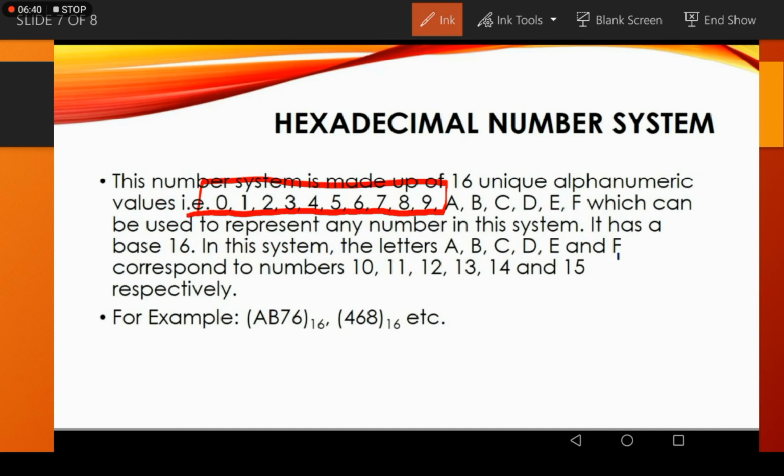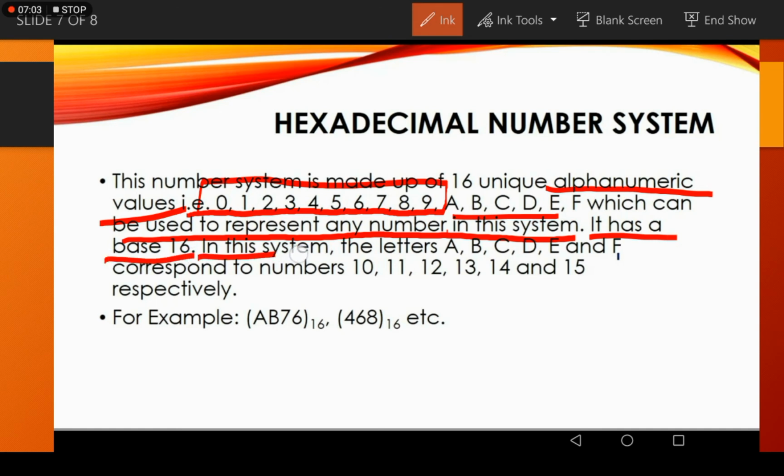After 9, we use alphabets. So this is called alphanumeric values. Alphabet plus numeric values. So A, B, C, D, E, F can be used to represent any number in this system. It has a base of 16.